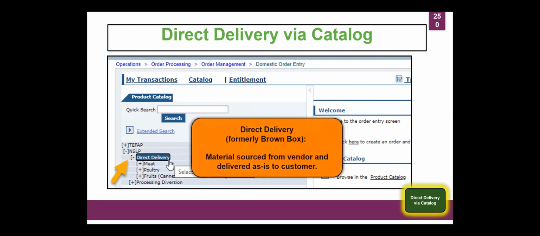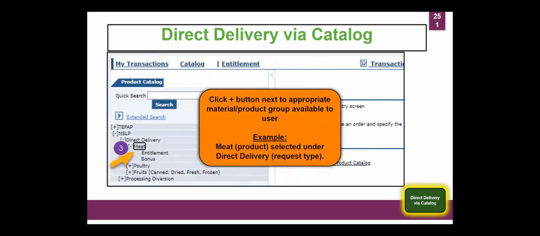Remember, direct delivery is formerly brown box. And then from here, you're going to select which category under direct delivery you want to look at. So for this example, we selected meat.